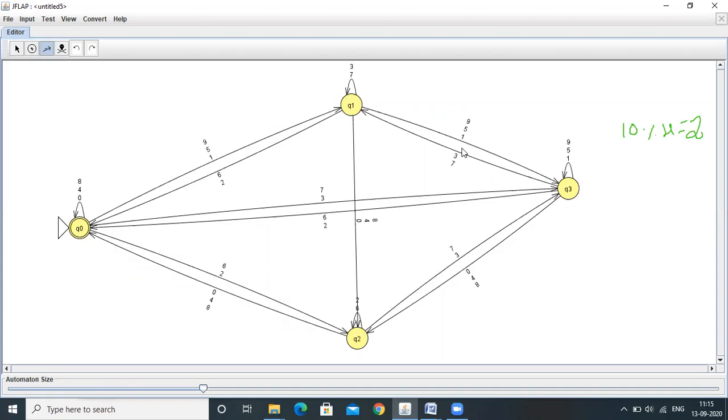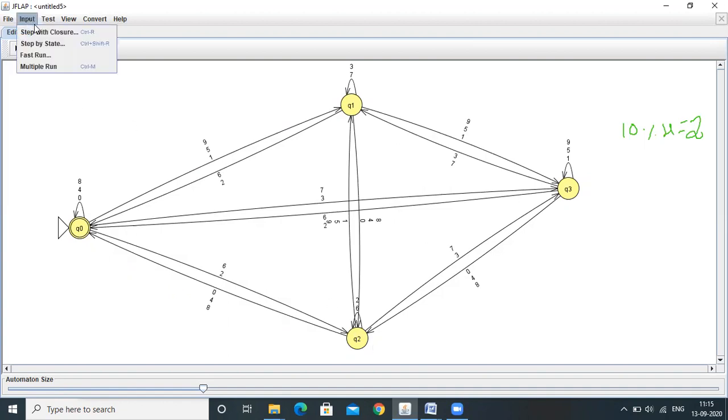What is the remaining one? 159. Q2 on 1 gives 21. 21 modulo 4, remainder is 1. So Q2 on 1, Q2 on 5, and Q2 on 9 go to Q1. Okay, so we defined all the transitions.